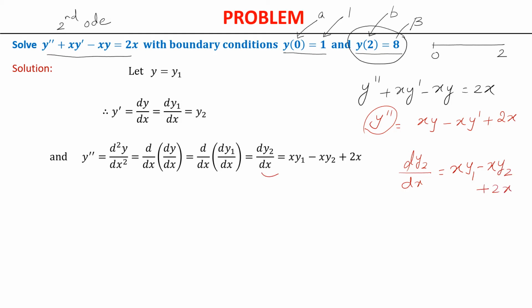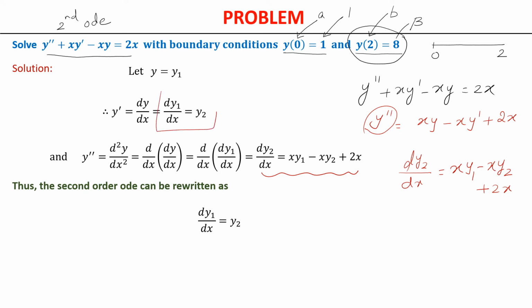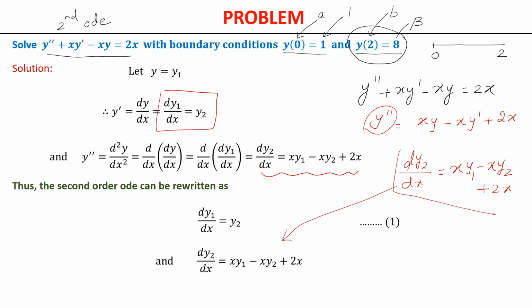So the two differential equations that we finally get will be dy1 by dx equal to y2, and dy2 by dx is equal to xy1 minus xy2 plus 2x. And we of course have the same boundary conditions, so far no change. So let's move to the initial condition construction in my next slide.